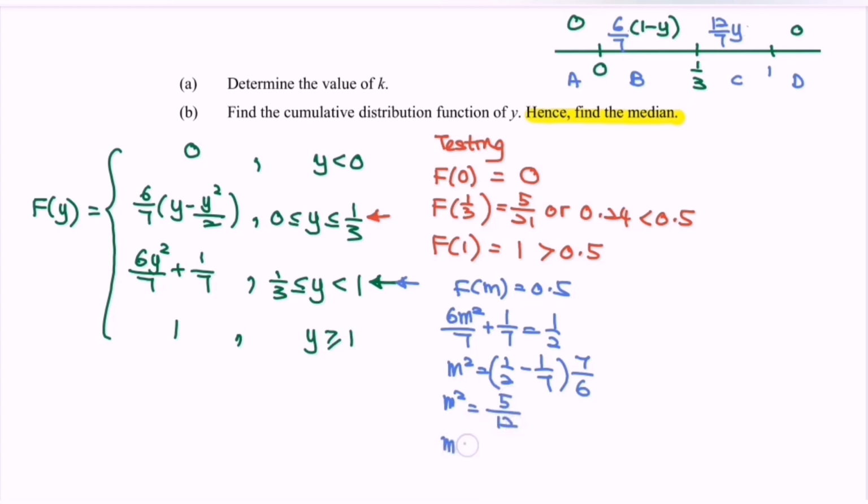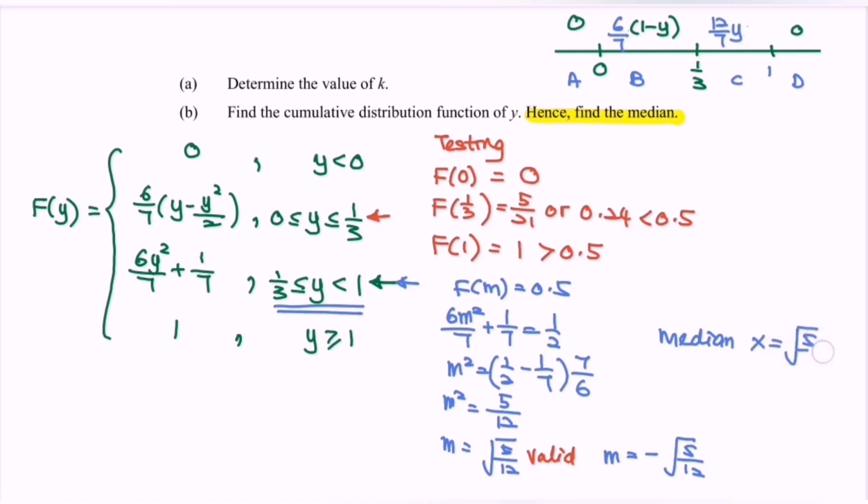So m equals the square root of 5/12, or m equals negative square root of 5/12. By referring to this part, it is impossible to have negative square root of 5/12, so the answer is valid for the positive m. So where is the median? The median is x equals the square root of 5/12.